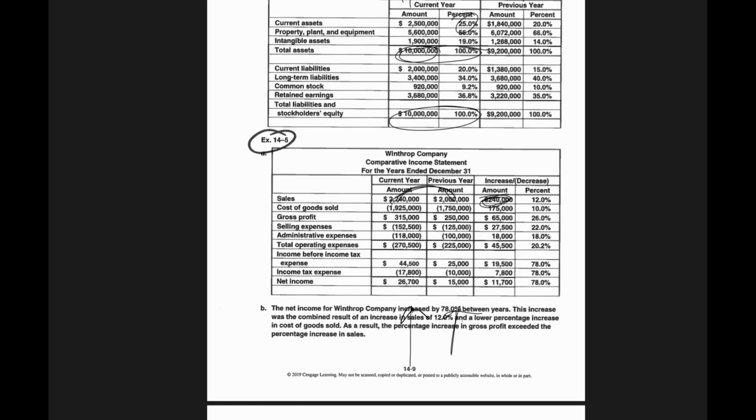So we take our 240 divided by 2 million, the base year, the starting year, and we get our percentage of change. That's an important fact. Make sure you don't use the wrong denominator. You have to figure out what are you changing from, so your base year.